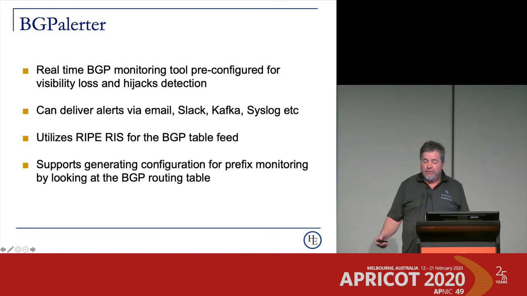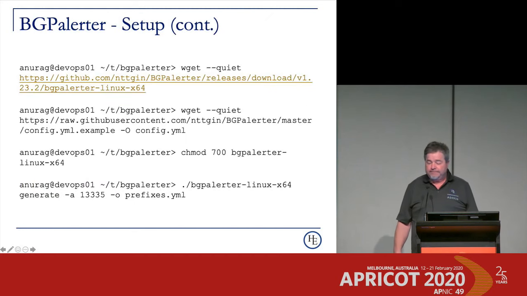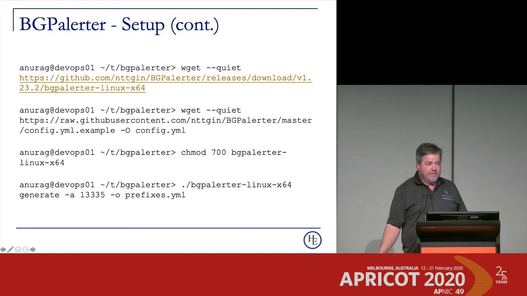So BGP Alerter, real-time monitoring, uses RIPE RIS for the table feed, and supports everything we need. You can just download it, generate the config, etc., and then run the tool. Very simple.